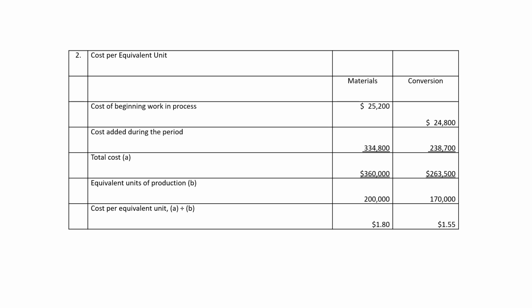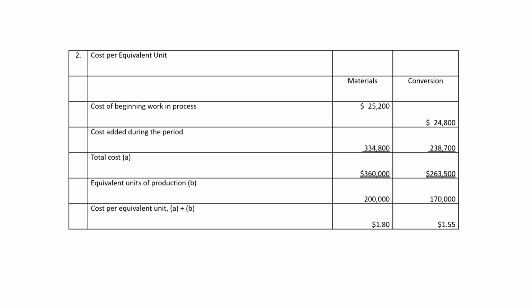Conversion costs added during June, 238,700. So the total conversion cost, 263,500 to produce 170,000 equivalent units. The 160,000 that transferred out plus the 10,000 equivalent units that were started but not completed yet. And they were only 25% complete. So $1.55 is the cost per equivalent unit.